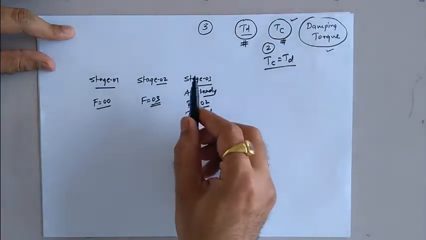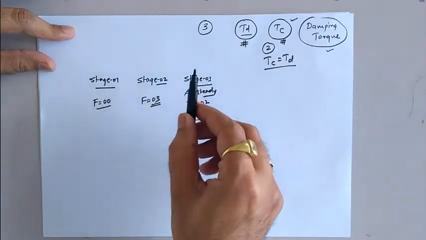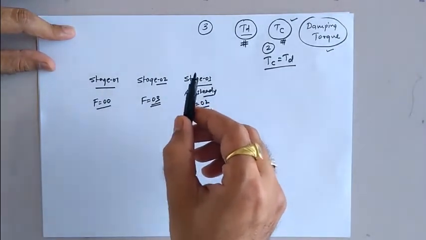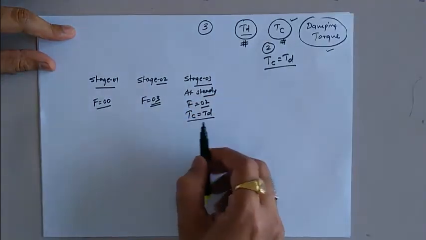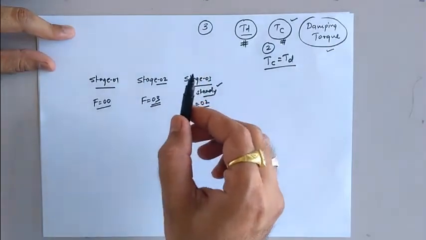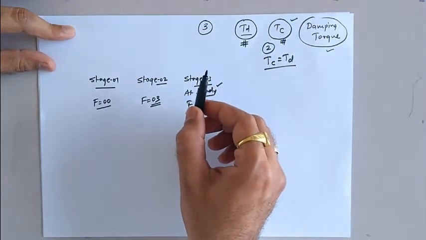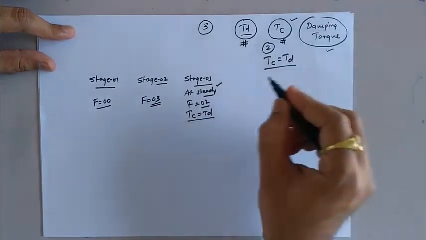डैम्पिंग टॉर्क क्यों रिक्वायर्ड है? In order to reduce the oscillations which will be made by a pointer when it will come back to, or when it will indicate the final value of the unknown quantity. But in this case, because it is a steady state condition, that means the pointer is indicating the final value of the unknown quantity, so there will be no oscillations and there will be no role of damping torque.